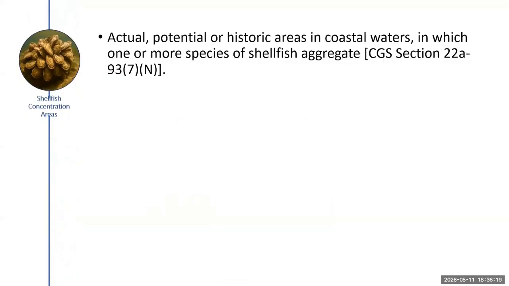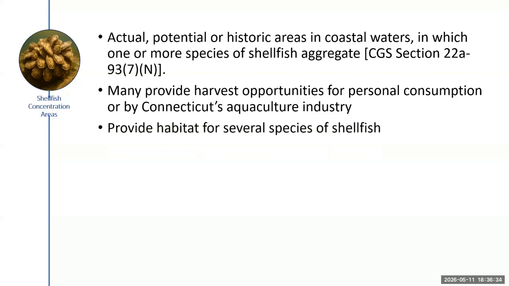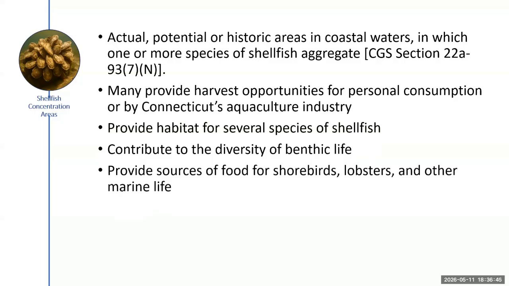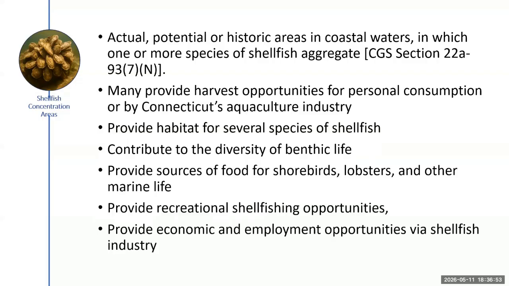Shellfish concentration areas, so actual or potential or historic areas in which one or more species of shellfish are aggregated. Some provide harvest opportunities for our aquaculture industry or personal use, and provide habitat for shellfish, contribute to diversity of the benthic life forms, and they are sources of food for shorebirds, lobsters, and other marine creatures, as well as providing recreational shellfishing opportunities and economic opportunities.